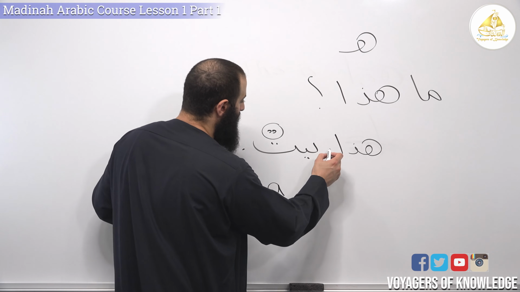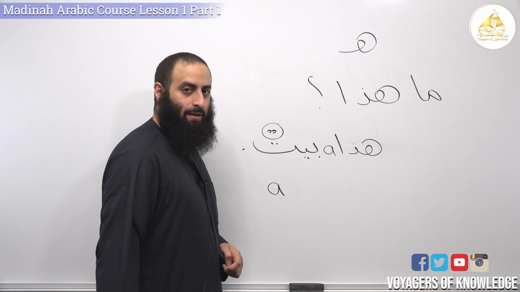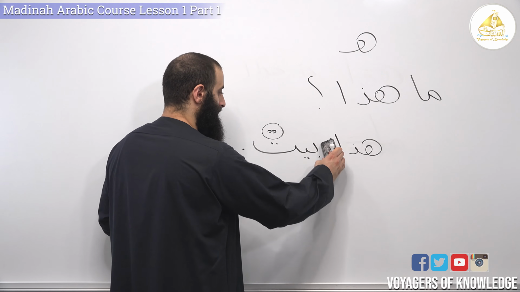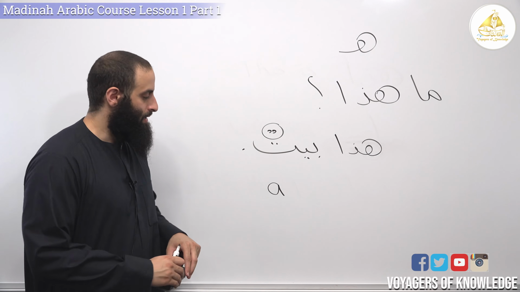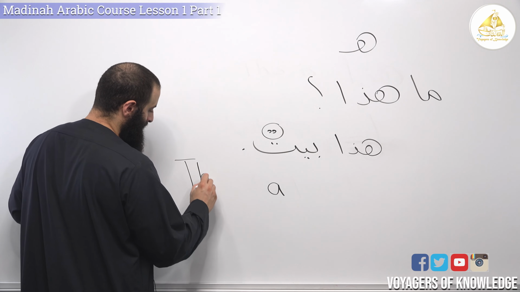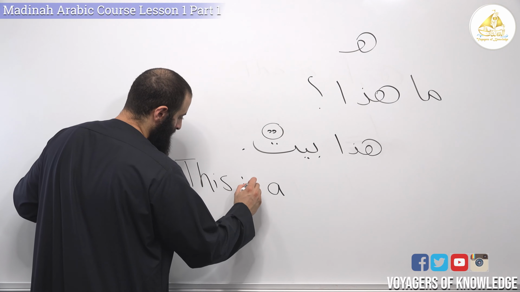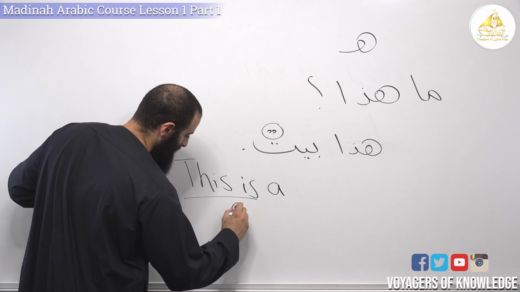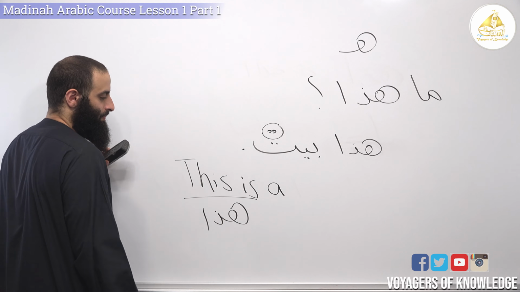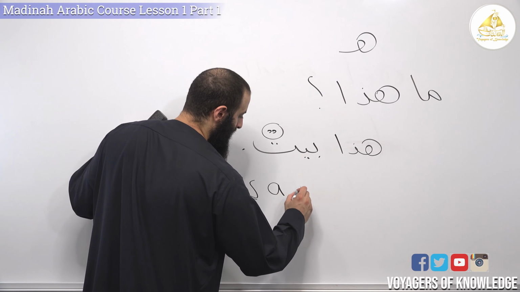And that's what happens when you have tanween. There is no هذا a bait. This is the a, the tanween. So what this means is, this right here is هذا. A house.